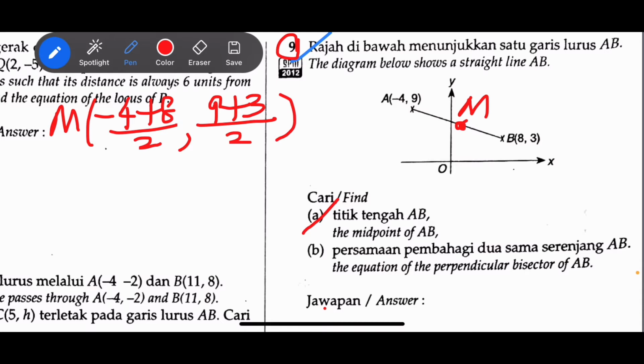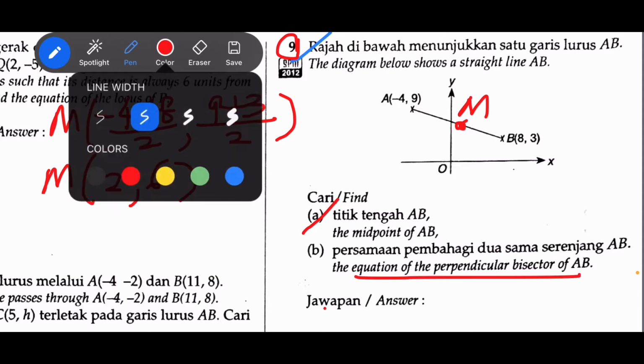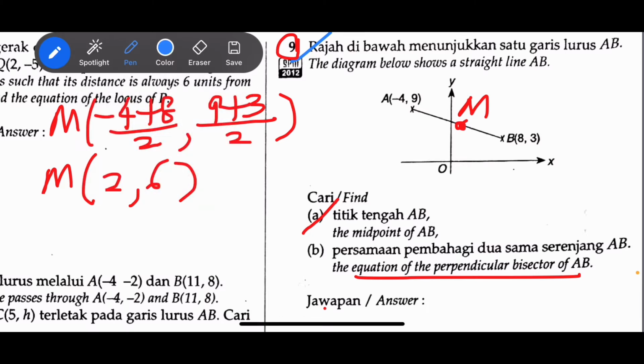So you will get the midpoint, which is (2, 6). So now we need to find the equation of the perpendicular bisector, the blue line that I showed.